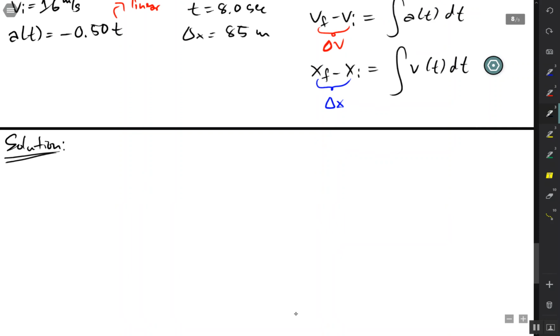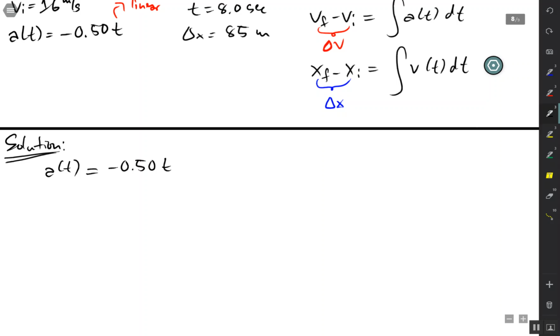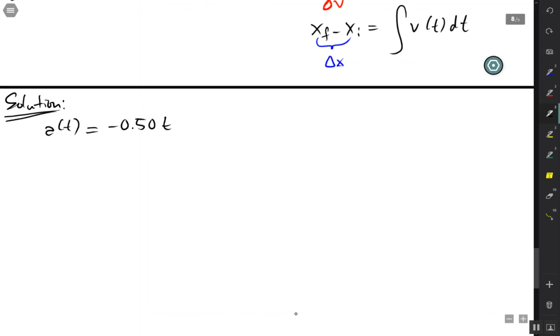So from our acceleration function, keep in mind what we're trying to find. We're trying to find the time when velocity is 0, so we need to solve for velocity. So we need to plug that acceleration into here. What I'm really just doing is plugging this right there.